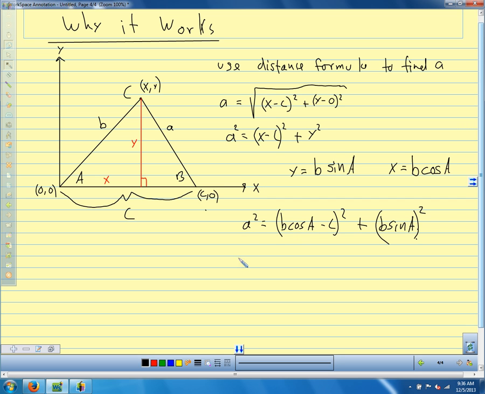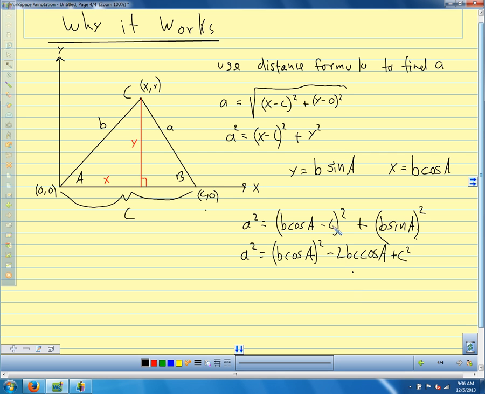So let's expand this. So a squared equals, I get b cosine A, quantity squared, and I get two of these multiplied together, so minus 2bc cosine A. Does that look familiar from what we just talked about?